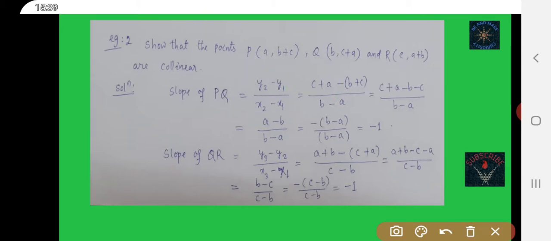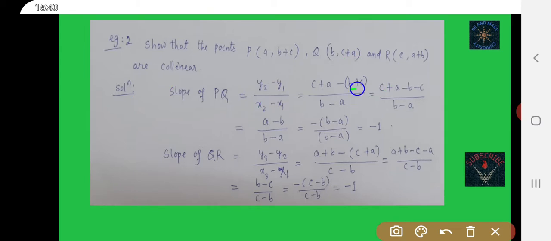So here slope of PQ, that is y2 minus y1 by x2 minus x1. Here y2 is c plus a and y1 is b plus c, okay, and then x2 is b and x1 is a, so you subtract b minus a.